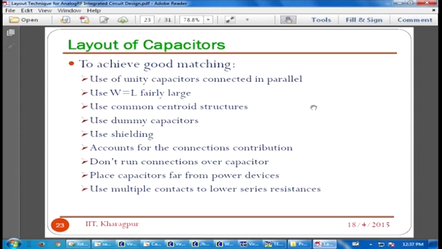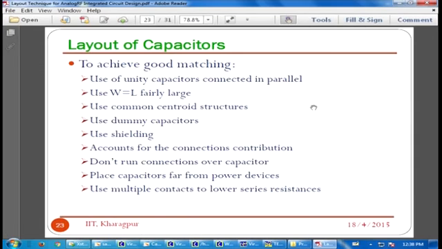Suppose one capacitor is 1 femto, another 2 femto, 4, 8, 16 like that. So 16 compared to 1 femto is very high. So make it 1 femto for all capacitances, meaning 16 plus 8 plus 4 plus 2 plus 1, total 32 capacitors of 1 femtofarad. Then make an arrangement so that they all are matched. In that way you have to use the minimum capacitance size.